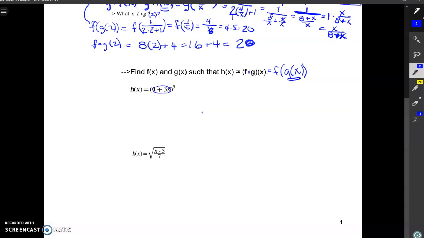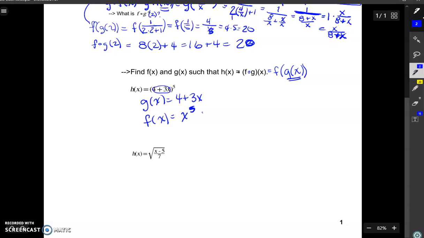We have that internal function, which is the 4 plus 3x. So that's going to be our g of x. And then our outer function, we're taking the result of this and we're taking it to the 5th power. So f of x is to take whatever it is to the 5th power.